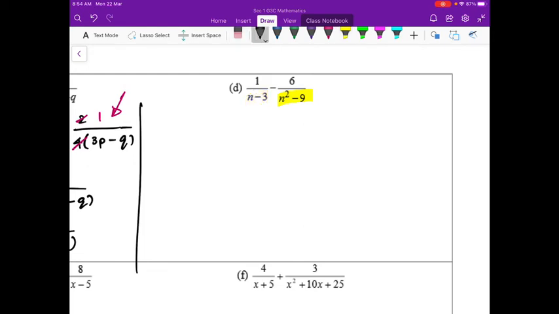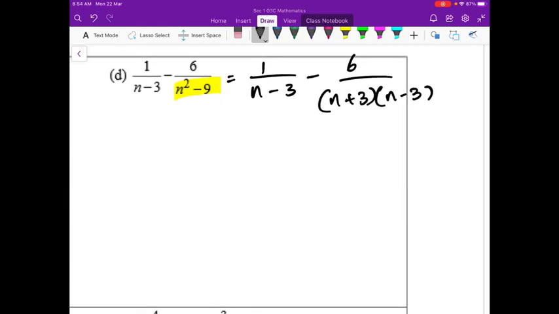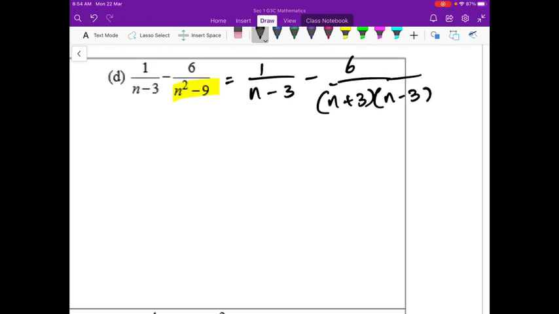So let's rewrite them. 1 over n minus 3 minus 6 over n plus 3, n minus 3. Okay, so far? So we look for the common factors. There is a common factor of n minus 3 over here and over here.